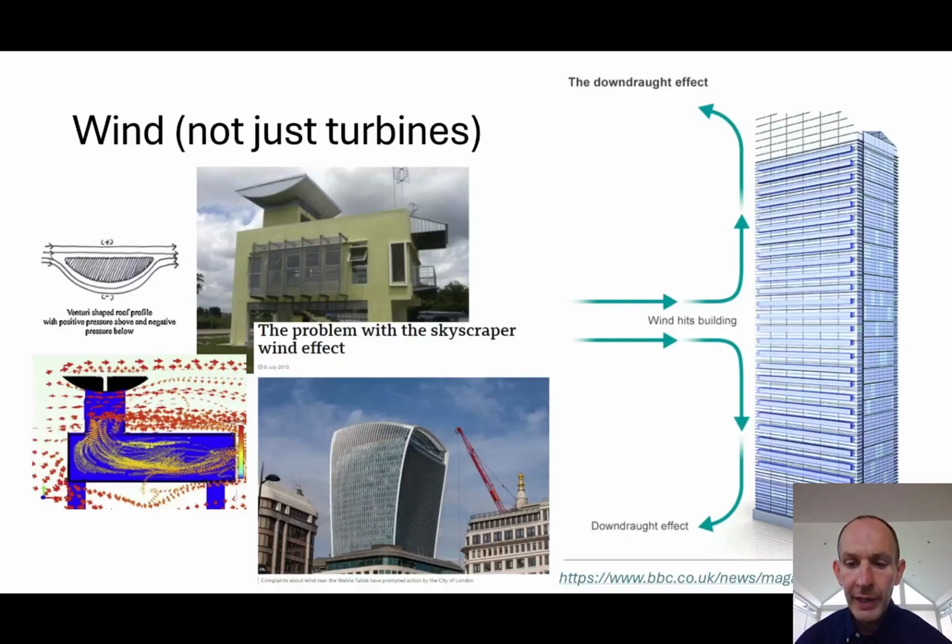So this is a very interesting article that's linked down at the bottom here. If a building is a big flat face and it's facing towards the prevailing wind direction, that flat face can then create updraft and downdraft, and downdraft has a significant problem in London. It can actually turn over vehicles.